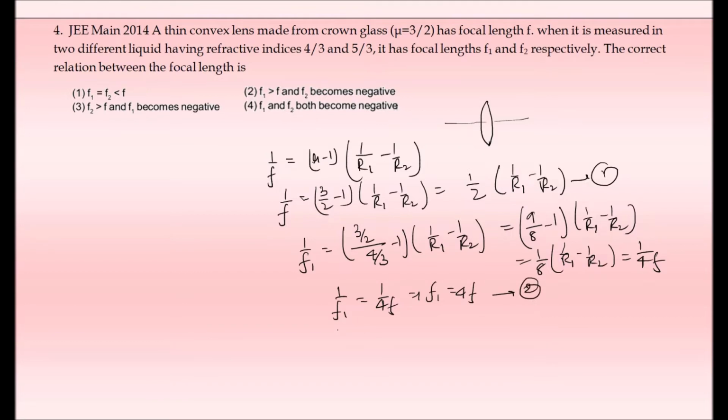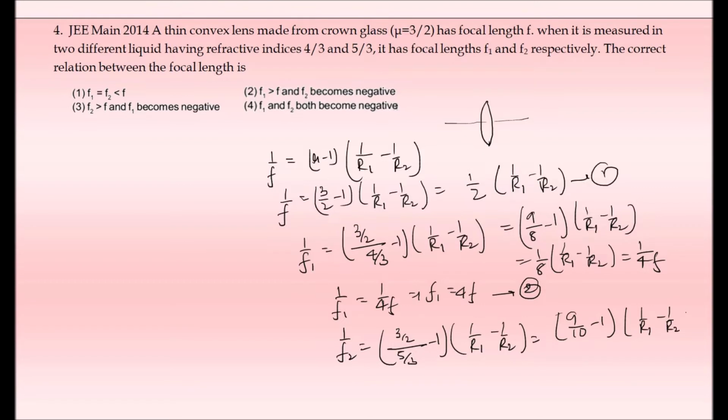Now, if the lens is placed in a medium having refractive index 5 by 3, then the focal length becomes f2. So 1 by f2 is equal to (3 by 2 divided by 5 by 3 minus 1) (1 by R1 minus 1 by R2), and is equal to (9 by 10 minus 1) into (1 by R1 minus 1 by R2).